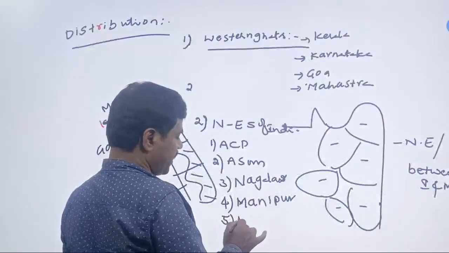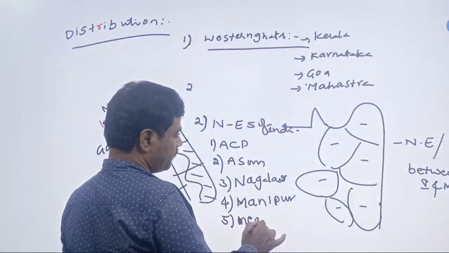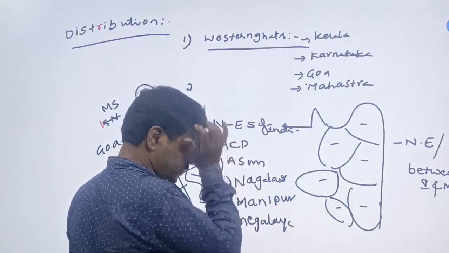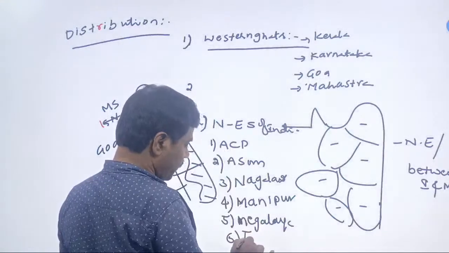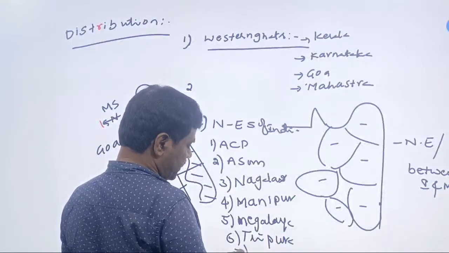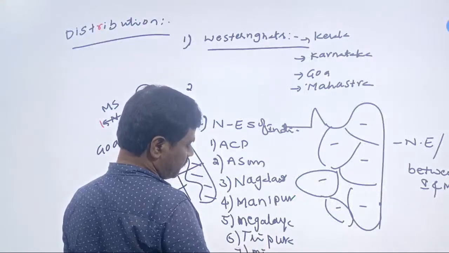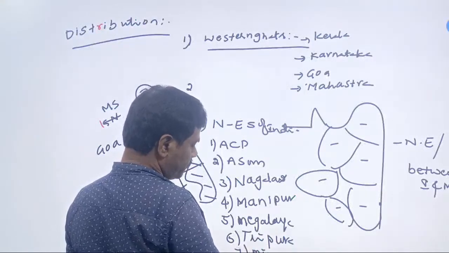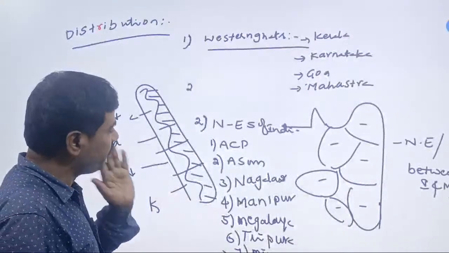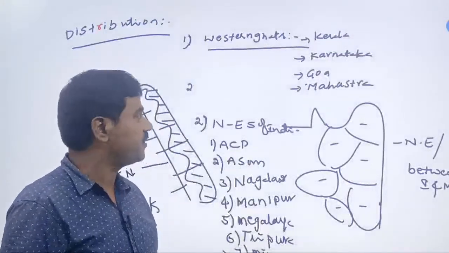Fifth is Meghalaya. Sixth is Tripura. Seventh is Mizoram. Maximum evergreen forest area is in the northeastern states.